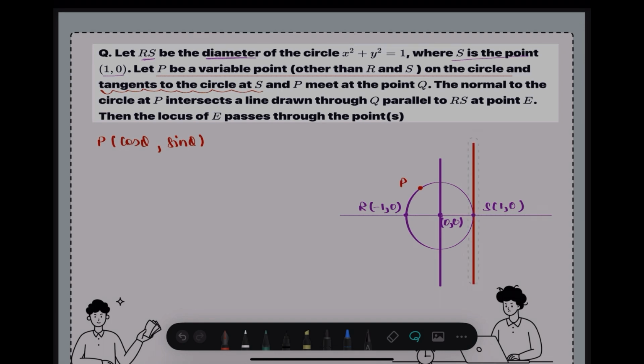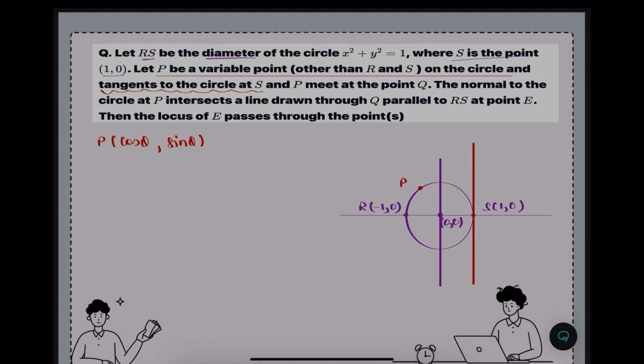So tangent at S, correct? Don't you think it will be a perpendicular line? So if it is perpendicular to the x-axis, it will be parallel to the y-axis. And can you tell me the equation of this line?